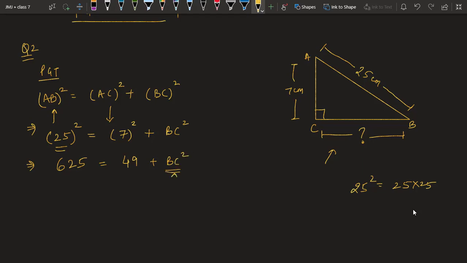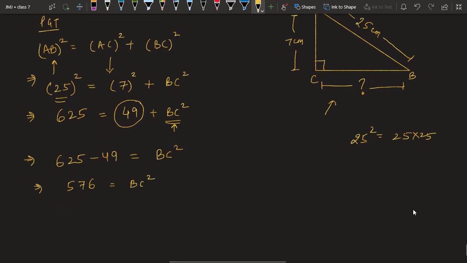Now to find the value of BC, we have to make it alone on the right hand side. So we have to take this 49 to the left hand side. So when you take it to the left hand side, it becomes minus 49 is equal to BC square. Solving it, we get 15 minus 9 is 6, 11 minus 4 is 7, and we have 5 is equal to BC square.